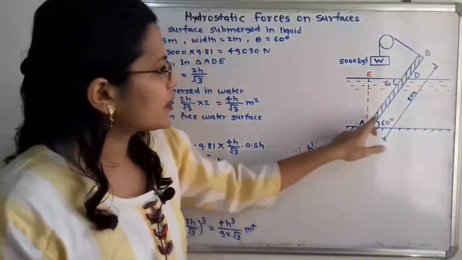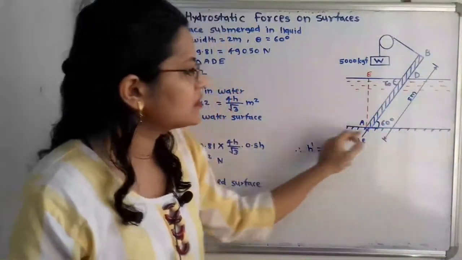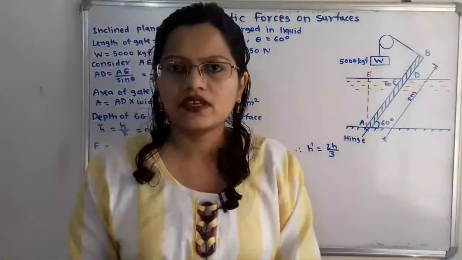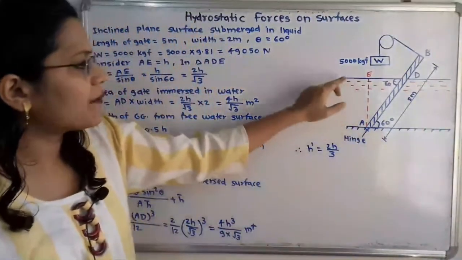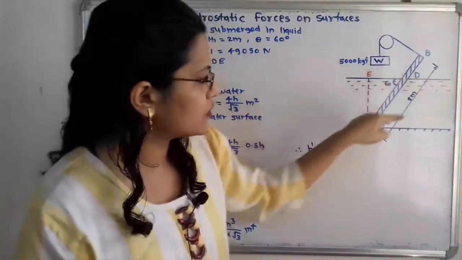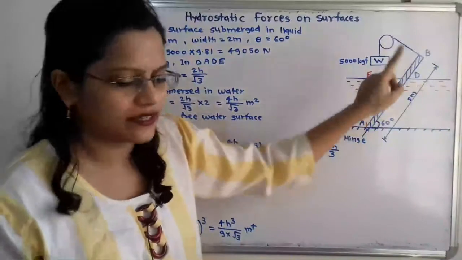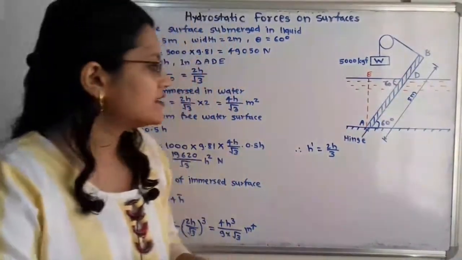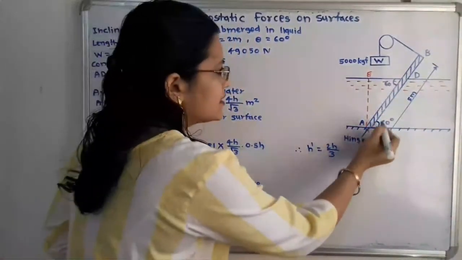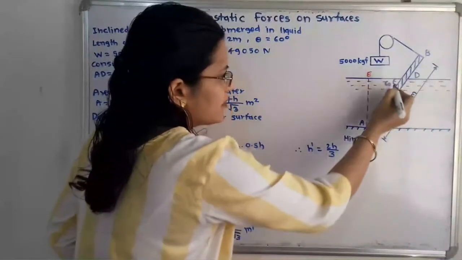It is also given that this gate is making an angle of 60 degree to this horizontal surface. If we observe this diagram, here is the free surface of water and this is also a horizontal line. In between these two horizontal lines, this is the inclined gate. So we can say that this angle 60 degree is also equal to the angle made by the gate with the free surface of water.